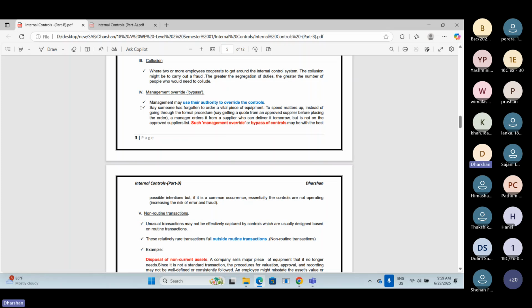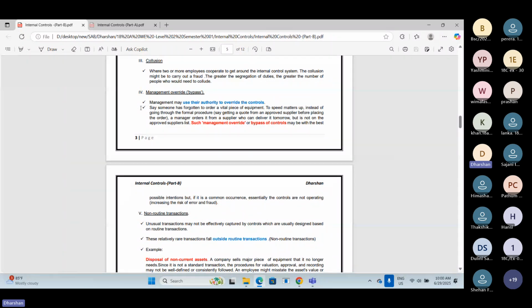I will give an example and explain this point. Management override and bypass. Let's assume ABC Private Limited has an approved supplier list. In the purchase process, companies purchase raw materials or goods from the approved supplier list.